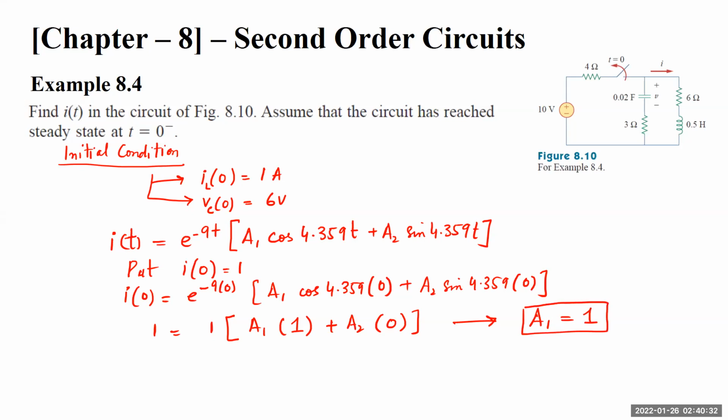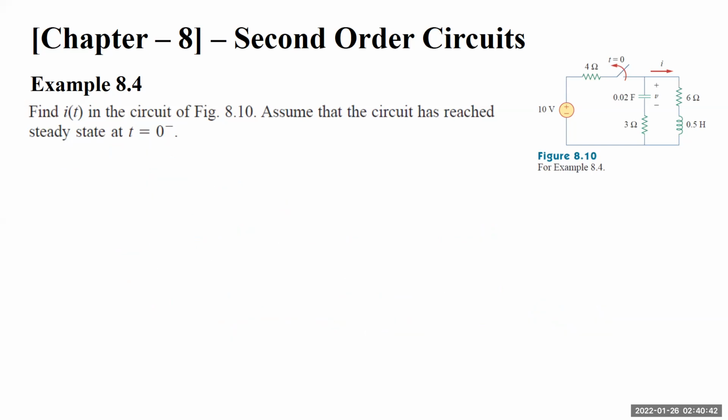Now we need the second initial condition to find the value for A2. We have used IL now. For the second equation, we know that VC is 6. The capacitor current IC is equal to C times dV by dt, right? So this is one case.